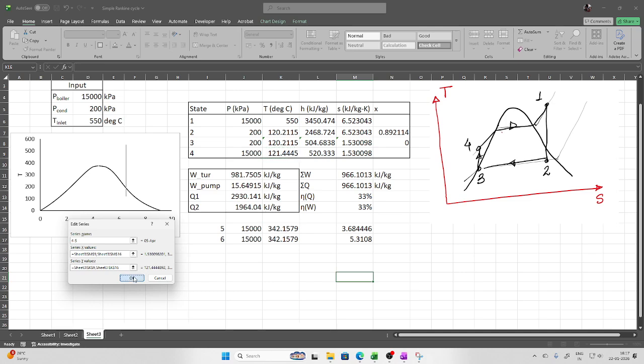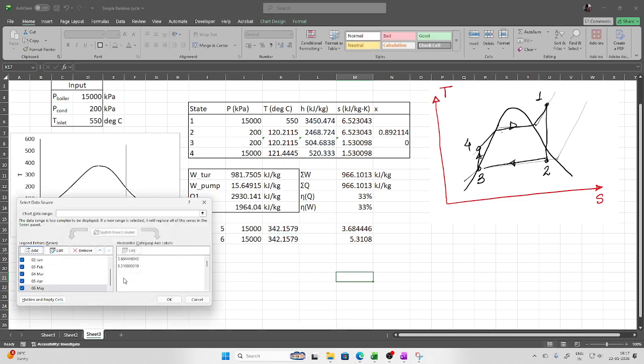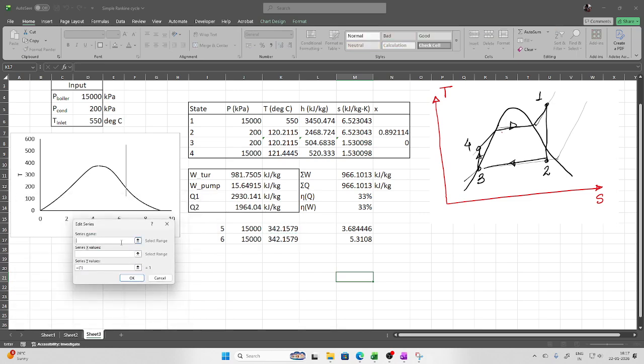Okay. Then from 5 to 6. Then this is S5 and then S6. Okay. Then temperature T5 and T6. Okay. And then add 6 to 1, that is this particular portion.